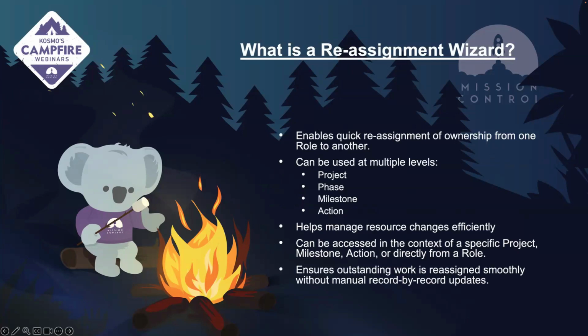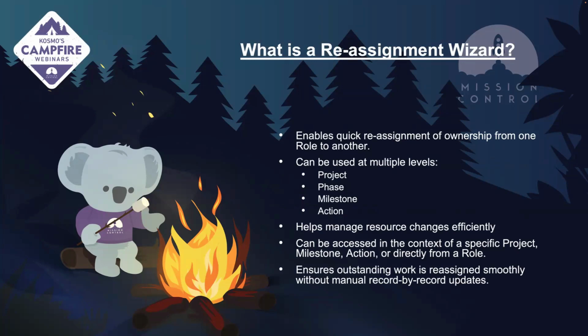Okay, so what is a reassignment wizard? It's an easy and quick way to reassign ownership of records from one role to another. It can be used at multiple levels like project, phase, milestone, or action. It helps manage resource changes efficiently.